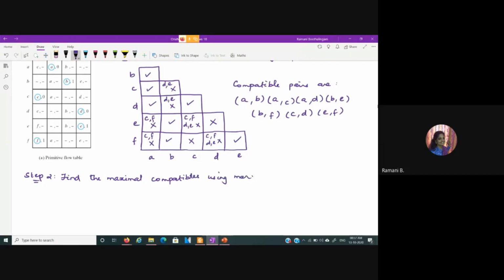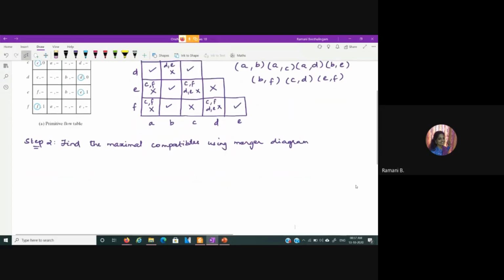So a merger diagram is nothing but a circular structure where we mark all the states with dots. You draw a circle and notify all the states.